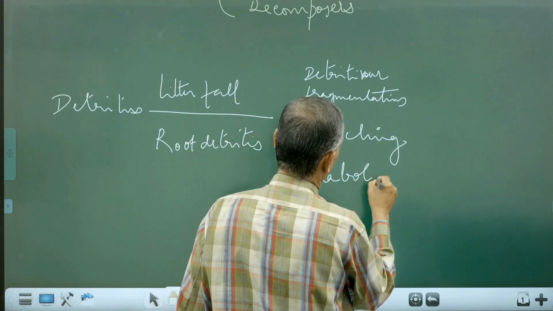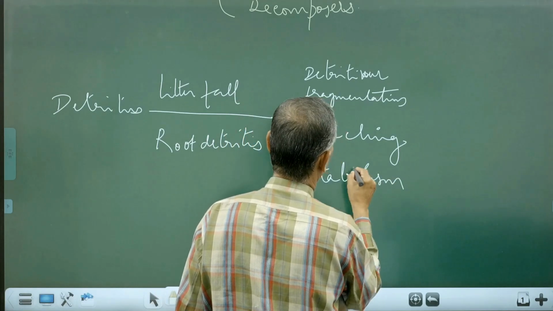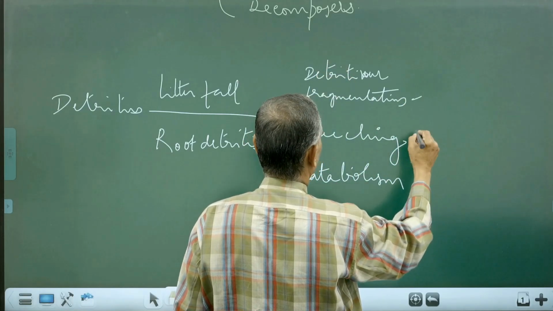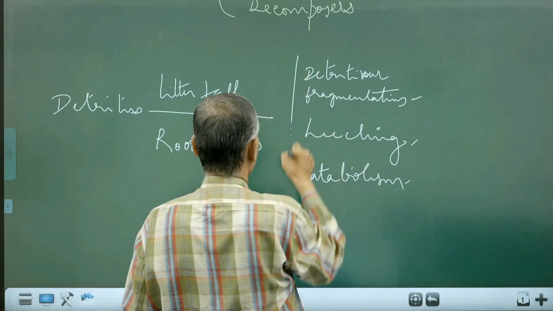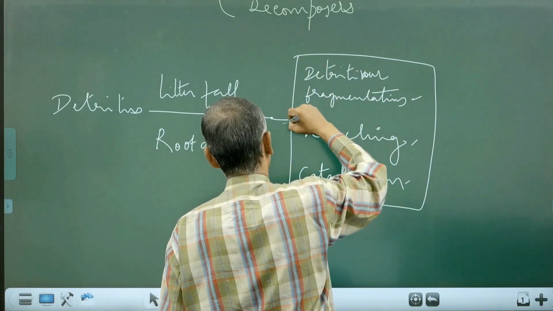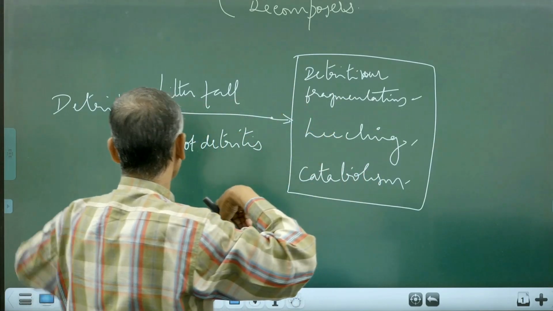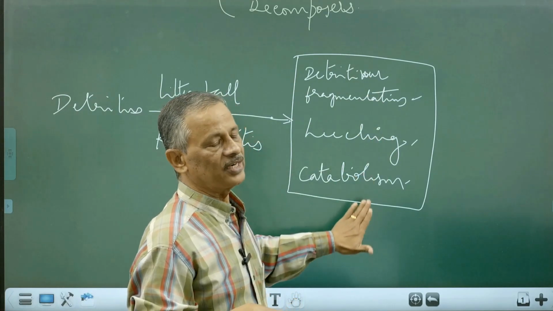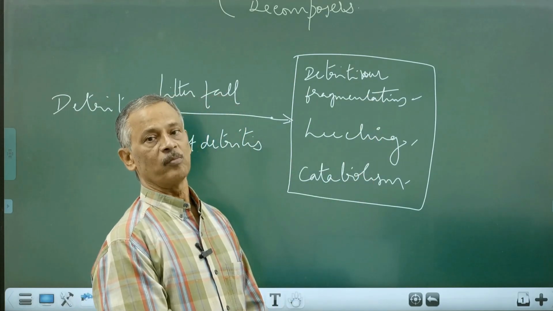So, we have 3 events. What are they? Fragmentation, leaching, and catabolism. These 3 are all simultaneously occurring on the detritus. So, detritus undergoes these 3 types of actions simultaneously.